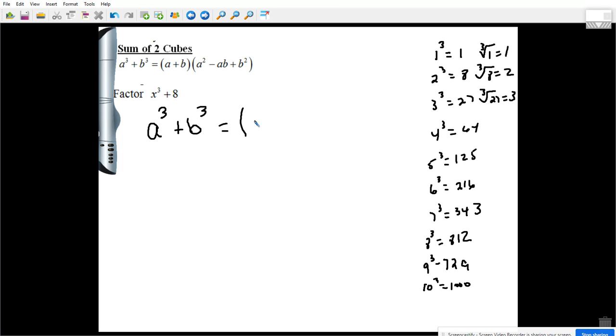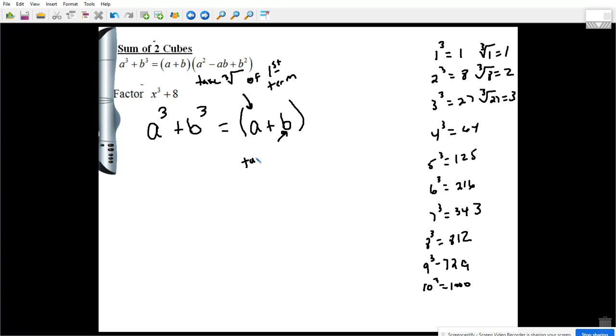It always factors to a plus b. And I'm going to spell this out. How do I go from a cubed to a? I take the cube root of the first term. How do I get b from b cubed?